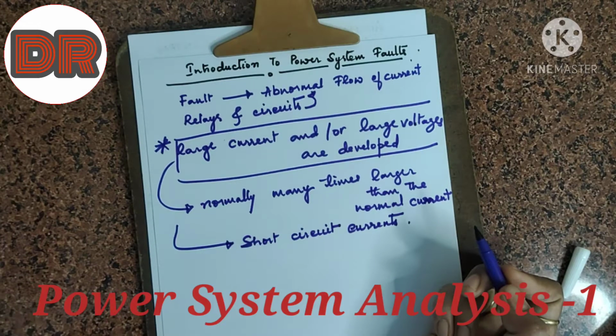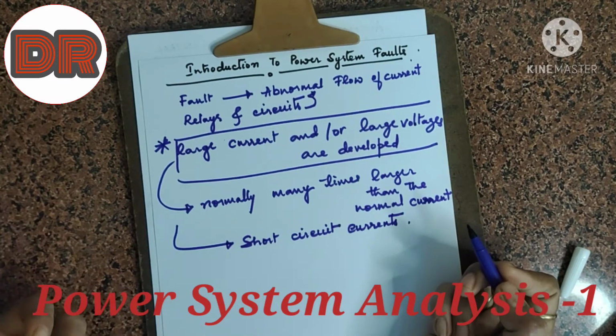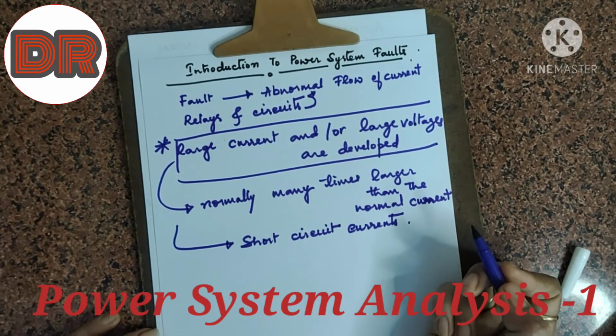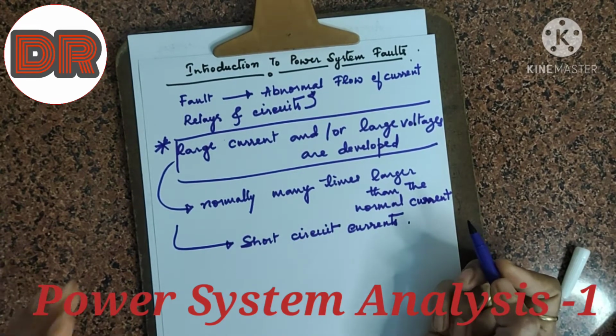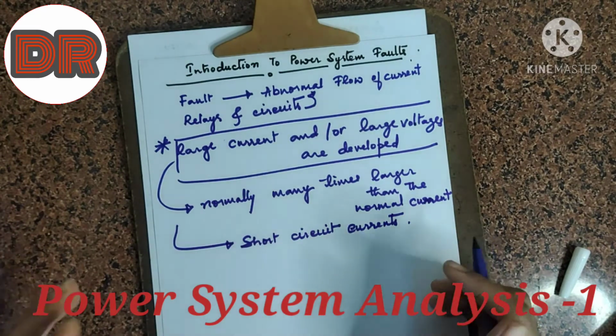What happens when there is a short circuit, or a large current flowing in the system? This can cause a severe effect or considerable damage to the equipment connected to the system. Hence it is very important that the faulty section be immediately disconnected.